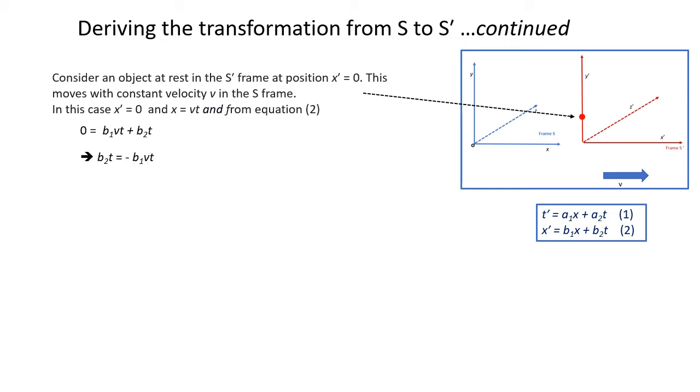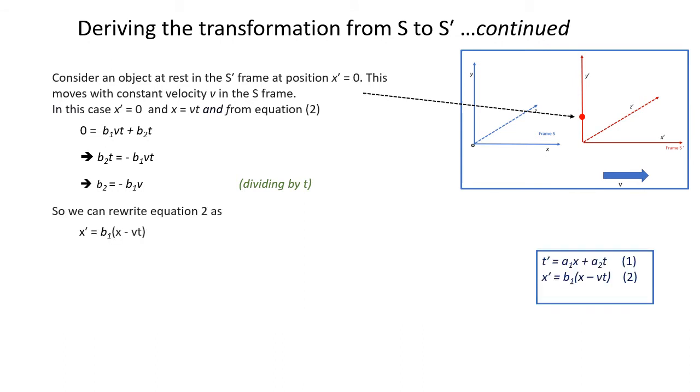So b2t equals minus b1 vt, so dividing through by t, b2 equals minus b1 v. So we can rewrite equation 2 as x' equals b1 into x minus vt.